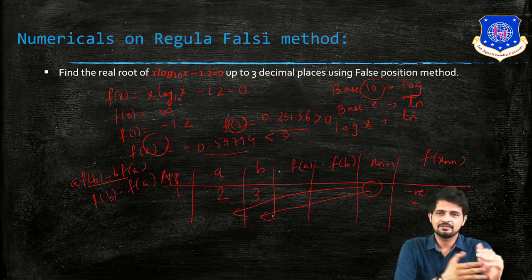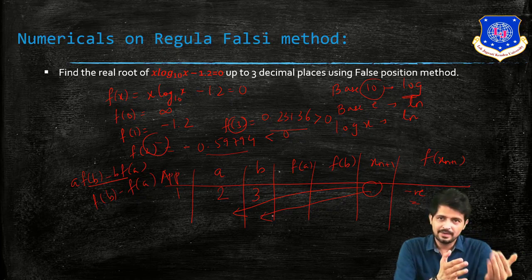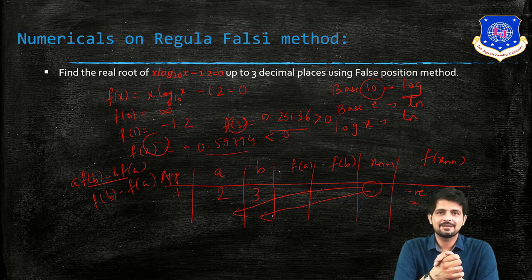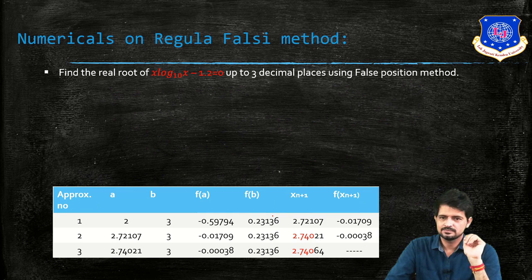If f of xn plus 1 is less than 0, then xn plus 1 is to be placed in A, and if f of xn plus 1 is greater than 0, then it is placed in B. And the answers are available in the xn plus 1. Okay, so here is the solution of this.